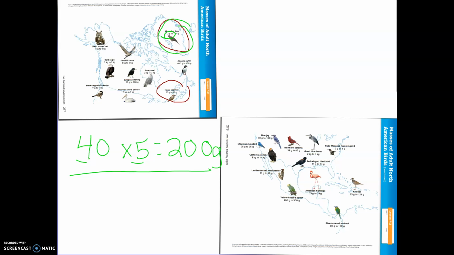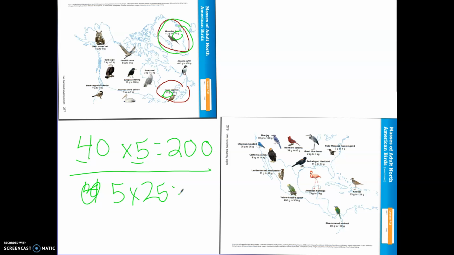Could it have less than 1 mourning dove? Well, again, let's take a look here. A large mourning dove would be 170 grams, and a small house sparrow would be 25. So if I would go 5 times 25, here's my mental math here, I know that 4 25s is 100.